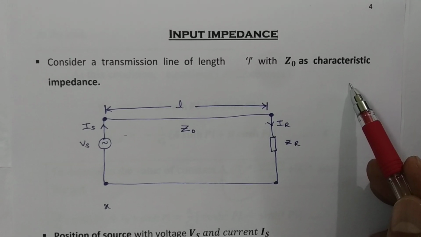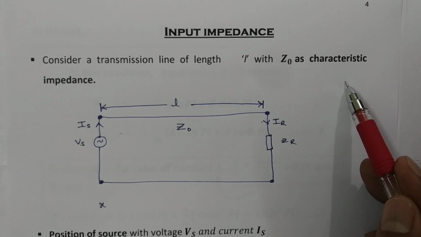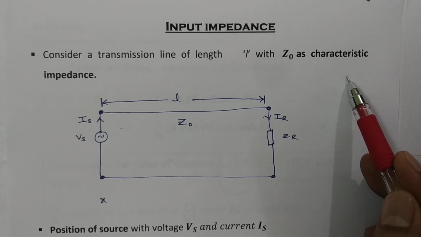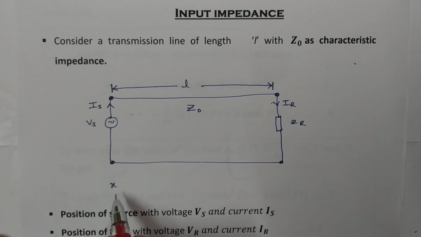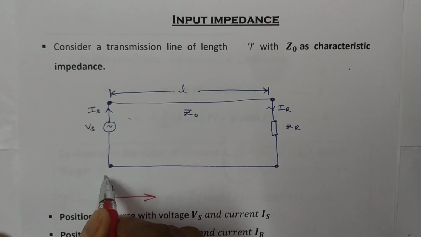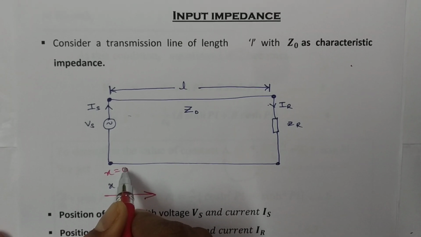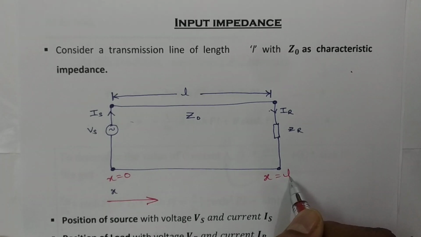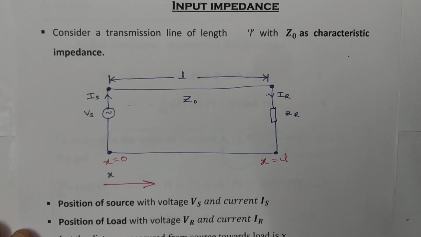Consider a transmission line of length L with characteristic impedance Z0. Let X be the distance measured from source towards load, that is X equal to 0 is the position of source, X equal to L is the position of load.